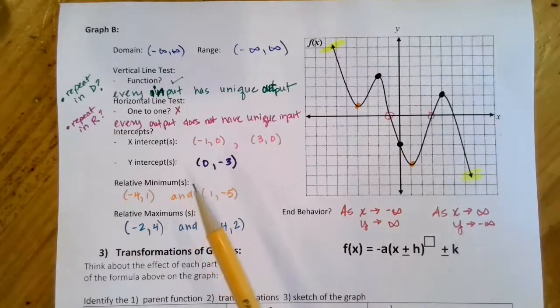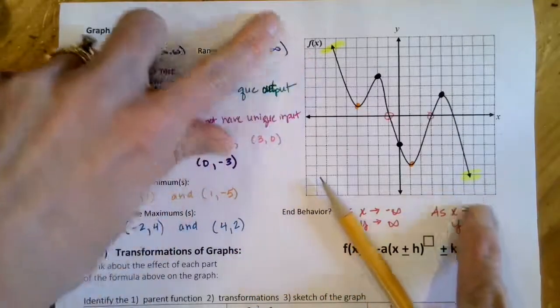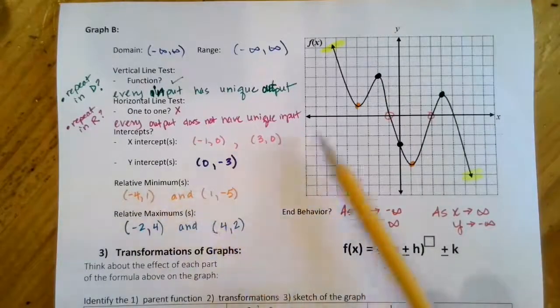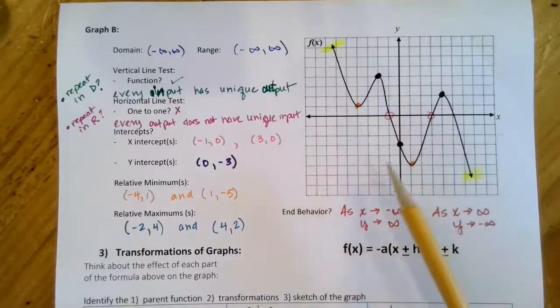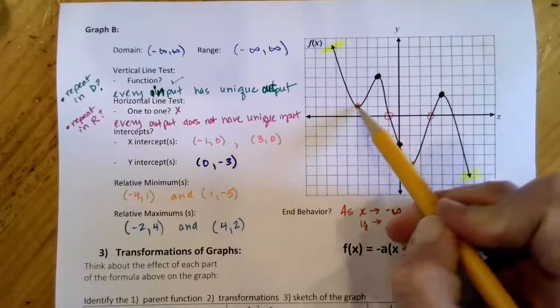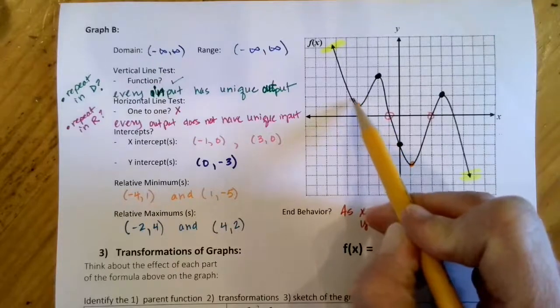So this graph introduces us to a conversation of relative minimums and maximums. Because this graph continues on in both directions forever and ever, I can have a conversation about, okay, but where are my local minimums, my local maximums? Where does the graph change direction? This is a local minimum because everything on either side of it is higher than it.